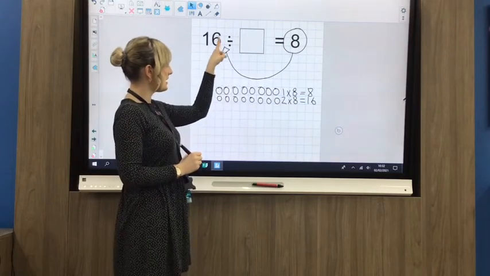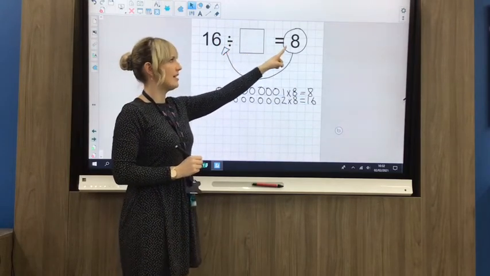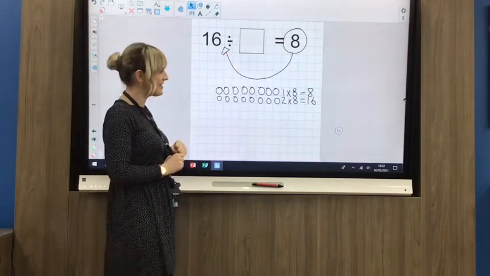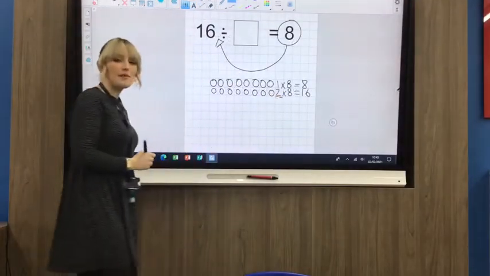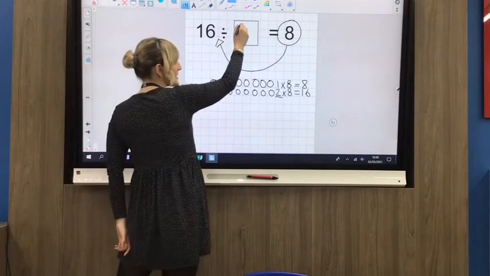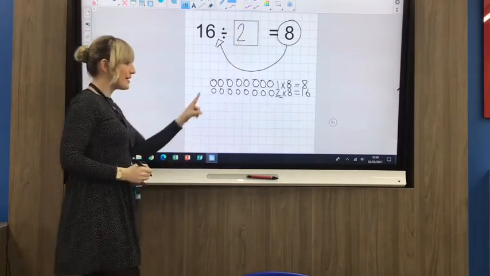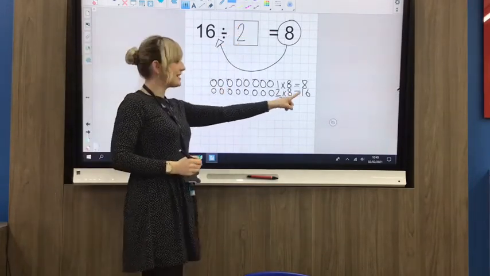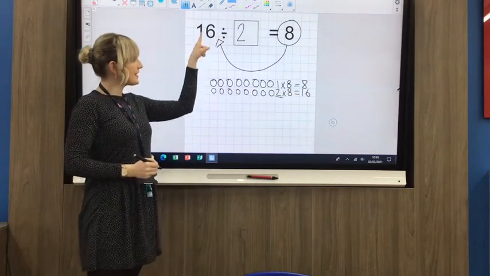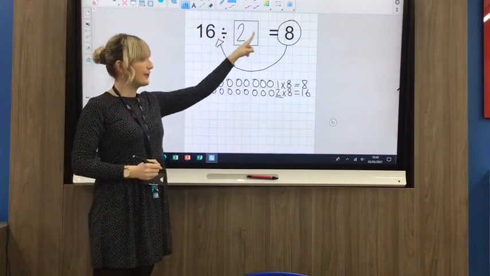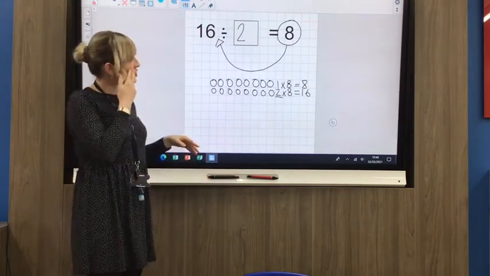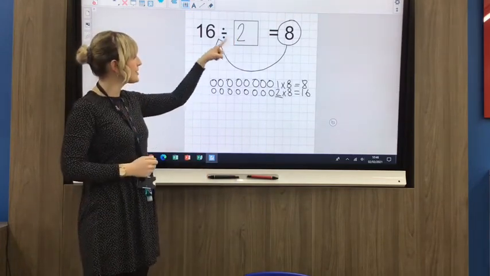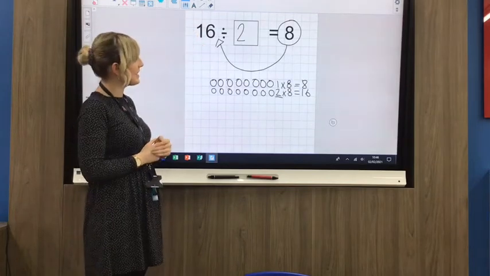So 16 divided by something is 8. Well done if you've spotted that the missing number is 2. So we worked out that 2 lots of 8 is 16. So 16 divided by 2 is 8. Let's check that, and we can check it by counting in 2s until we get to 16.